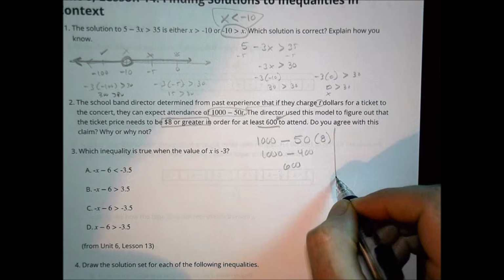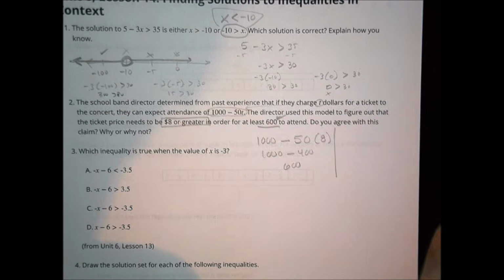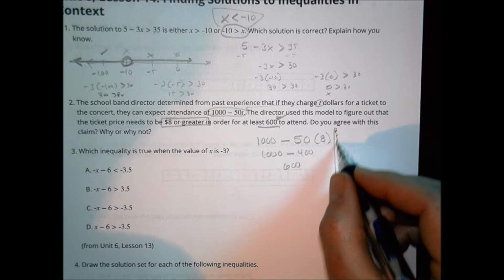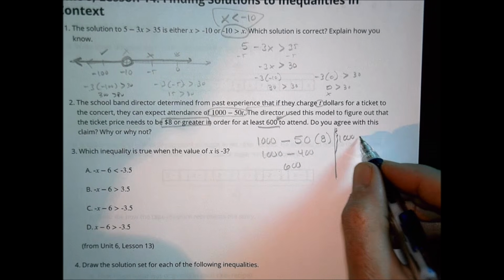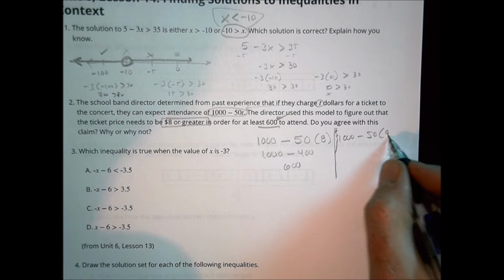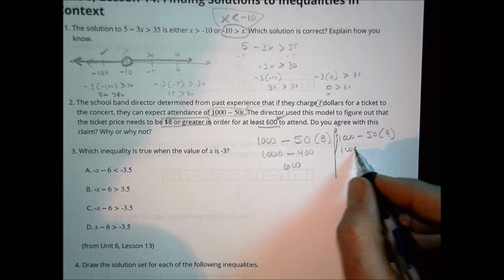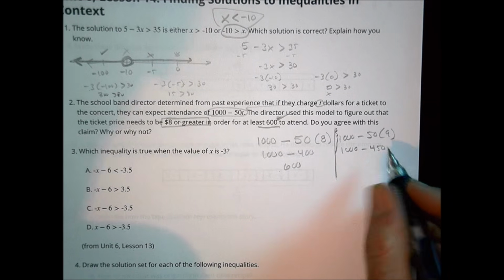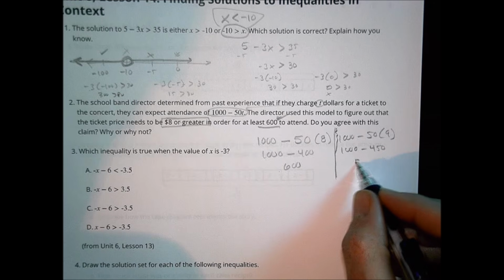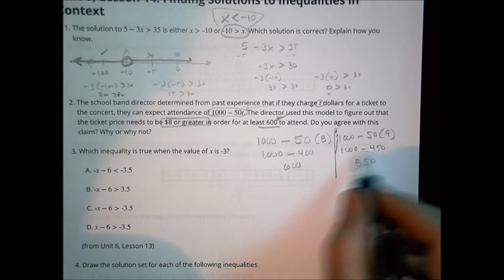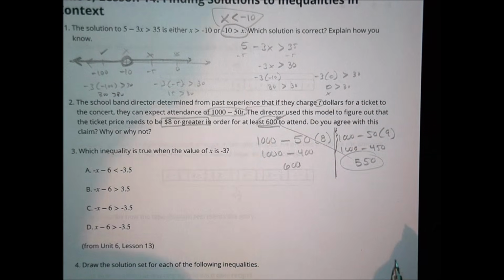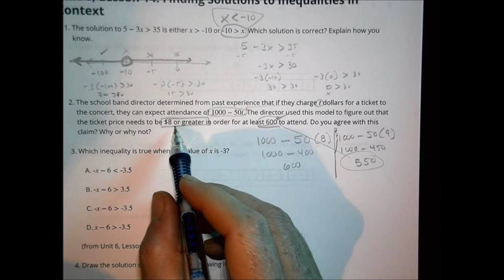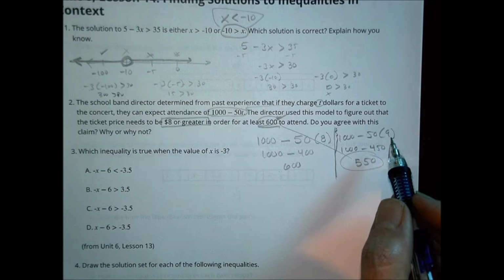So let's see, $8 or greater is the question. Let's try another one. Let's do 1,000 minus 50 times 9. That becomes 1,000 minus 450, which is 550. Now wait a second, that is less than 600, isn't it? So if it was $9, I'm not getting my 600 people.